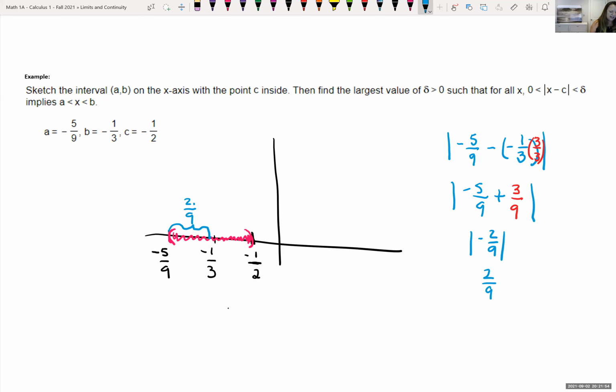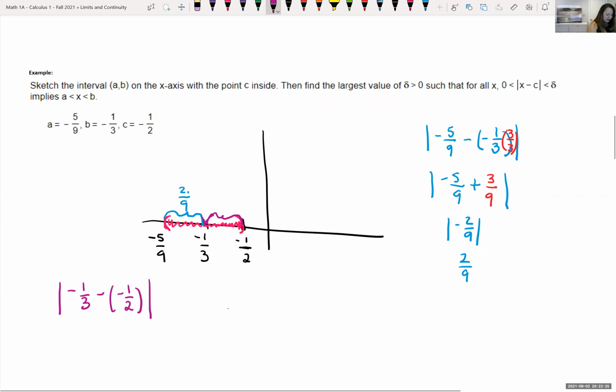Now we want to find the distance between -1/3 and -1/2. Again, I can look at -1/3 minus a -1/2, or I could have said -1/2 minus a -1/3, and take the absolute value of that result. I need a common denominator.